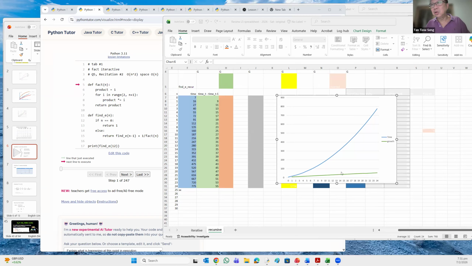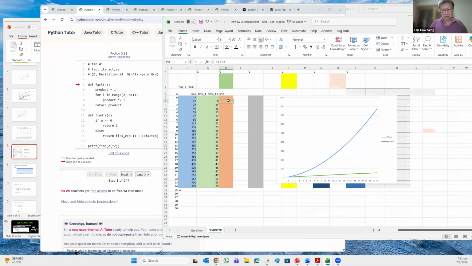So if you know this is a linear function, that its gradient is linear, then this guy is n squared. So let's get the n squared in place. 0 squared is still 0, 1 squared is still 1, 2 squared is 4, right? So these are the numbers you get.